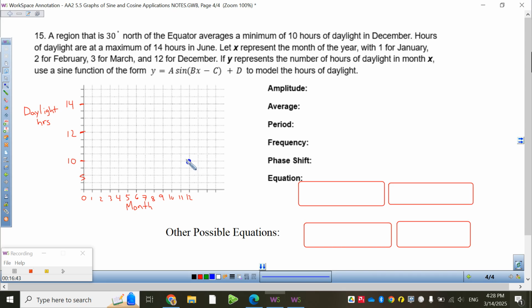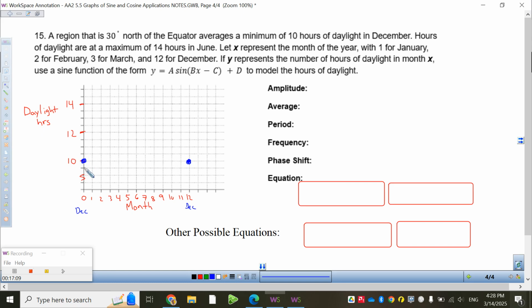If we go backwards through our months, we would go December, November, October, September, August, July, June, May, April, March, February, January. 0 would be back to December. So I just want us to notice that. It's going to be helpful for our graph, but 0 is December in this problem, and 12 is also December. And hopefully that makes sense because our period is going to be 12 months.